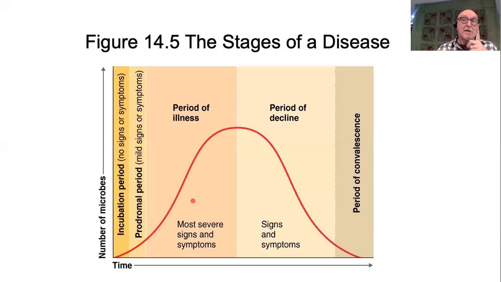But the most important thing happening in this period of illness is that your immune system is getting geared up. It takes 5 to 10 days for your immune system to react strongly to the presence of an infectious agent such as the cold virus and begin to produce effective antibody to that virus.